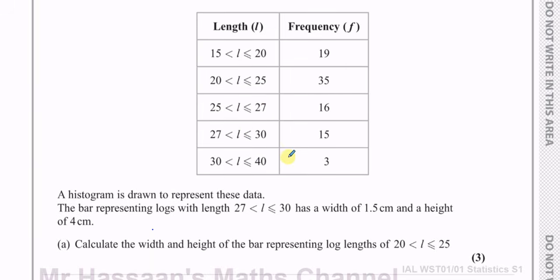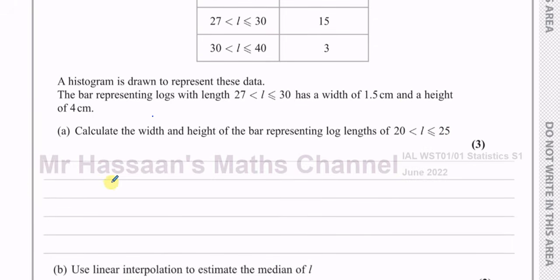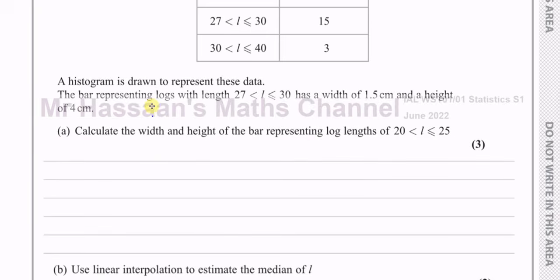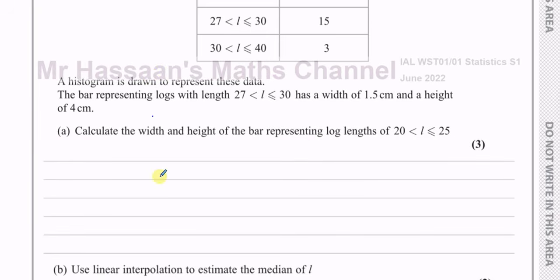Okay, so we're asked to calculate the width and height of the bar representing the log length of 20 to 25 centimeters. Okay, we got the categories first. I'm going to write the 20 to 25 category first. This is what we have to find out about.